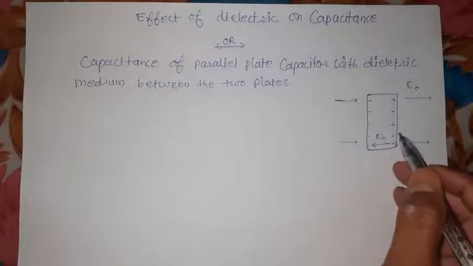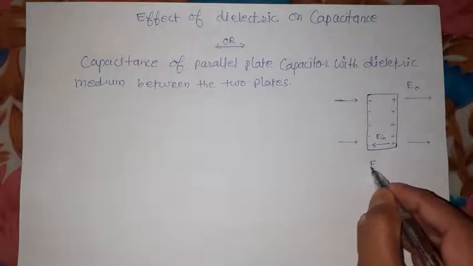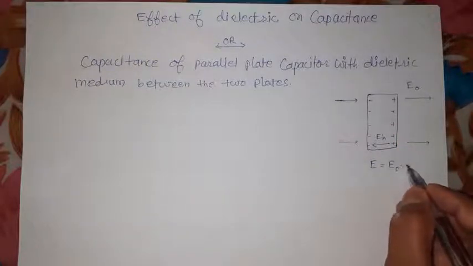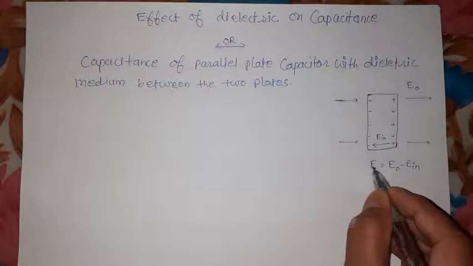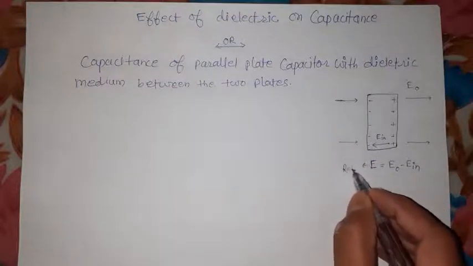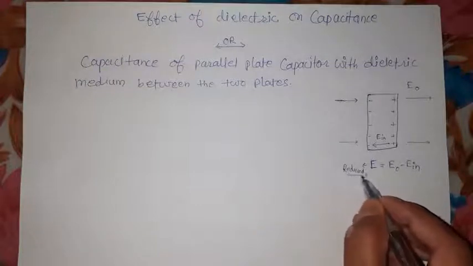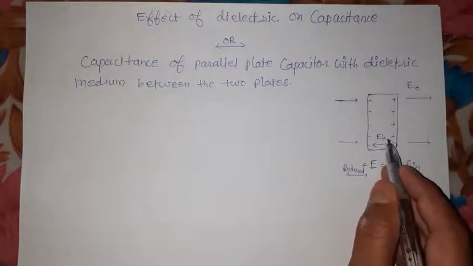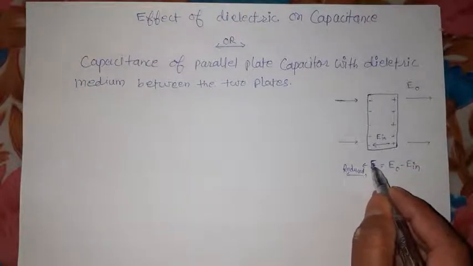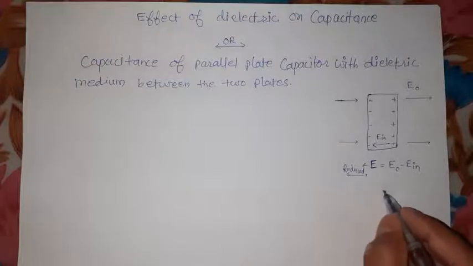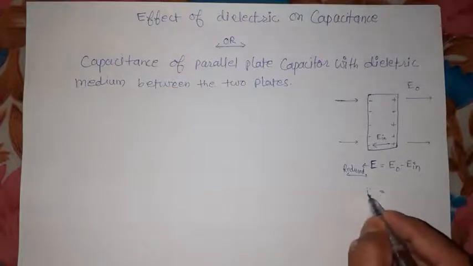So then what will be the net field? We said that the external field is greater than the internal field, so we get the net field, or what we call the reduced field. So what this dielectric has done is reduce the electric field inside it. This field is equal to E. By what factor has this field reduced? We can calculate that with the help of the dielectric constant.